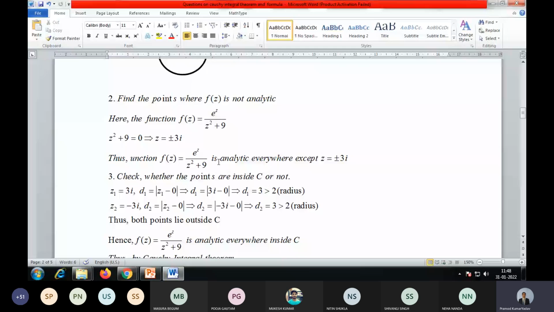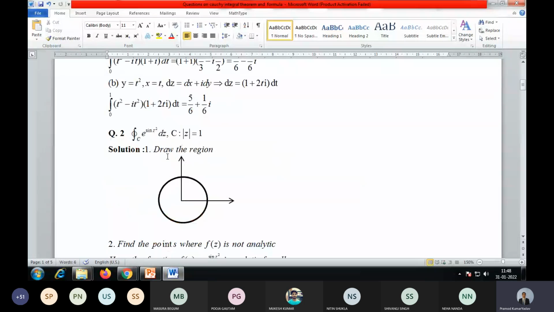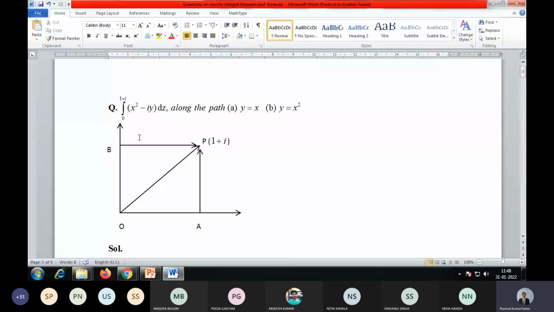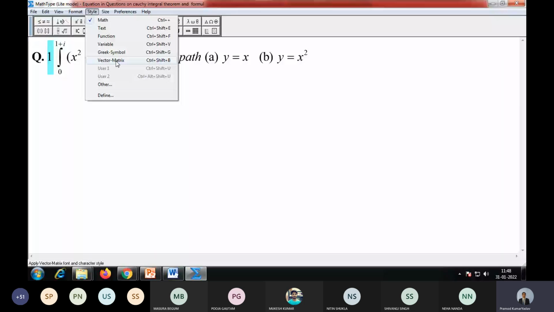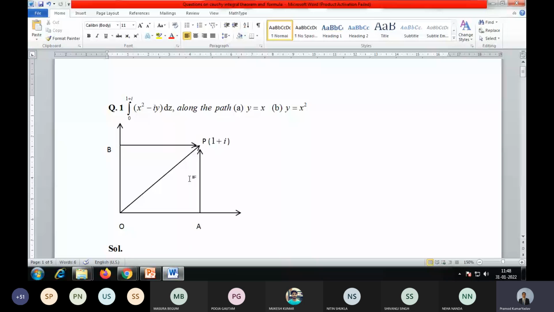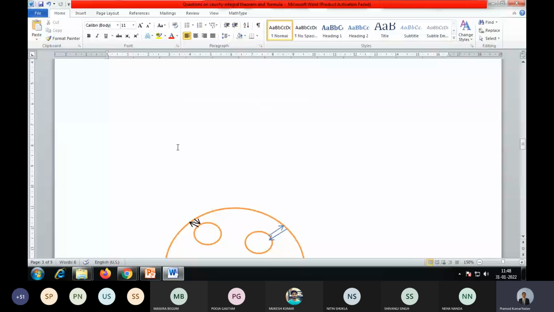Cauchy integral formula. Please be clear. Whatever we have been studying was Cauchy integral theorem. When I ask in the question, students are always confused between Cauchy integral theorem and Cauchy integral formula. So whatever we have been studying right now is the Cauchy integral theorem.